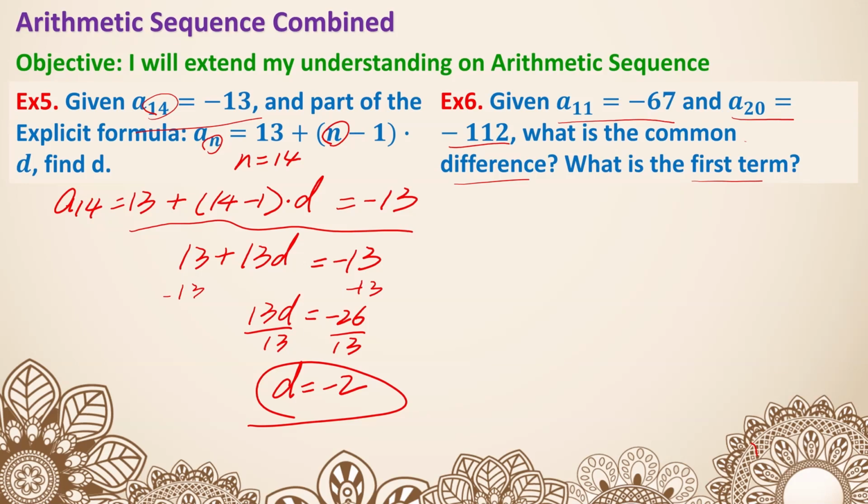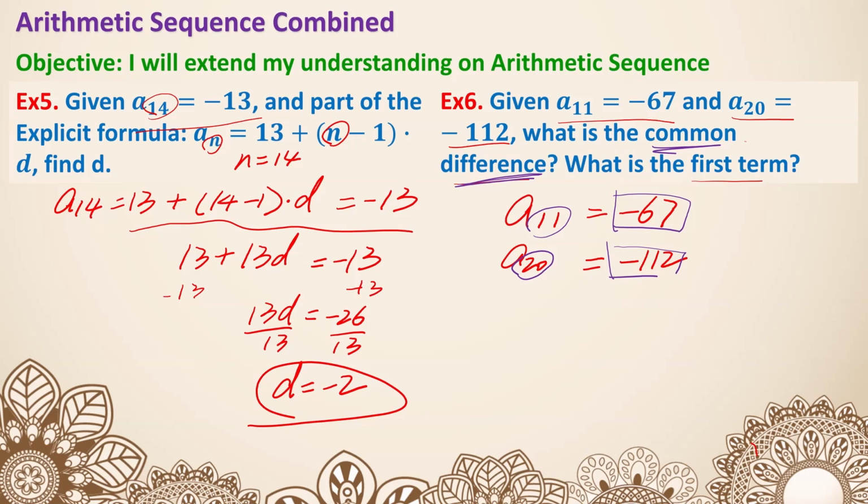So let's set up a little table. A sub 11 is negative 67. A sub 20 is negative 112. So this is very similar to dealing with a slope question, because common difference is just like your slope. So we're given 11 and 20, and they're corresponding with negative 67 and negative 112.